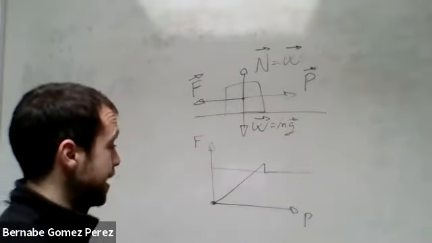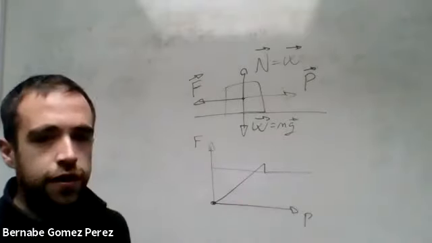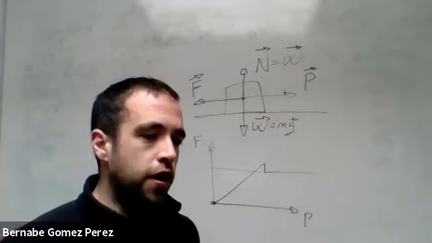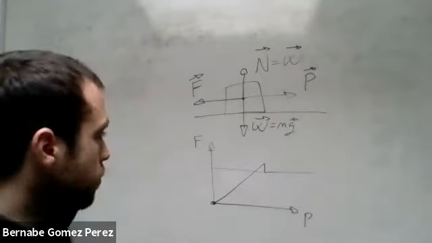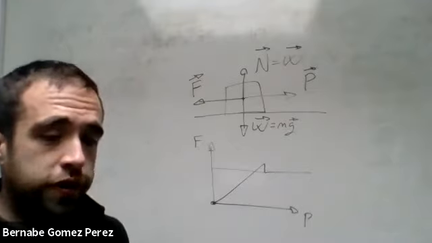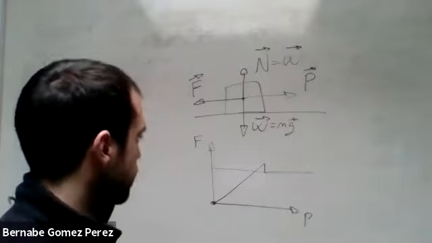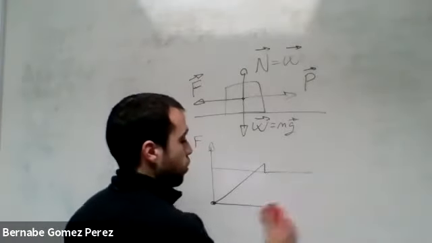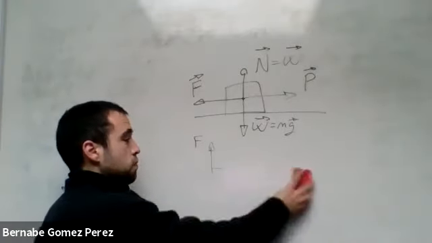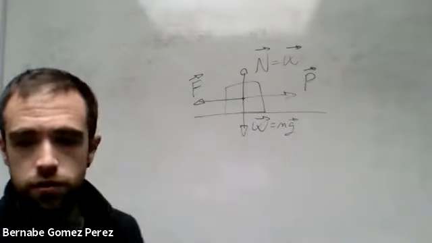So this chart is really important to understand how friction works, okay? Which is related to the pull always. If there is no pull, there is no friction, okay? Because friction always opposes movement, okay?